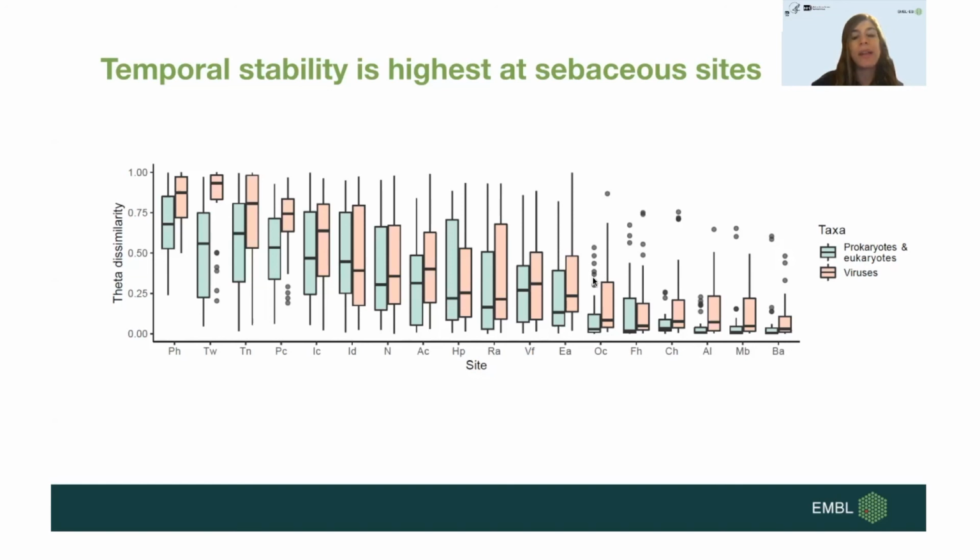In other words, the sebaceous sites' composition is relatively stable over time, but these high diversity sites like our hands and feet tend to vary dramatically between different time points of the same body site of the same individual. So this could be one of the reasons that it makes it really hard for us to incorporate these genomes into our catalog.